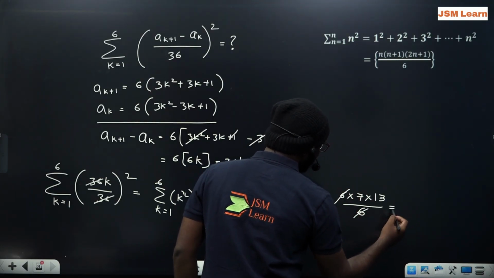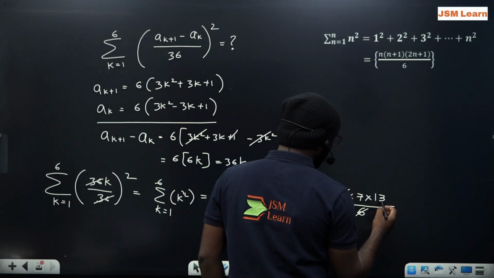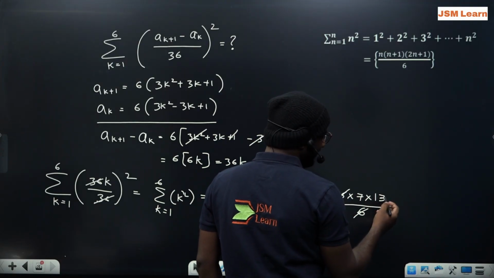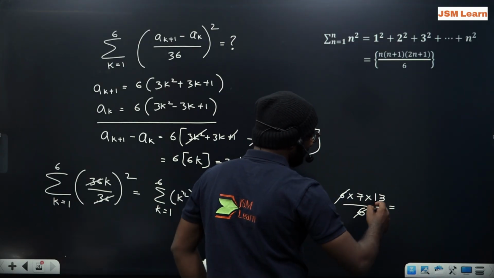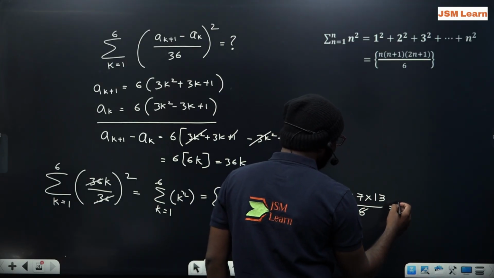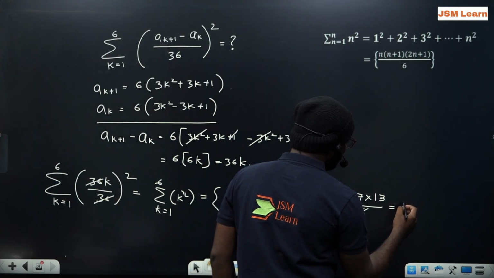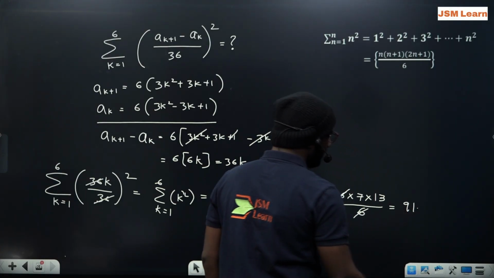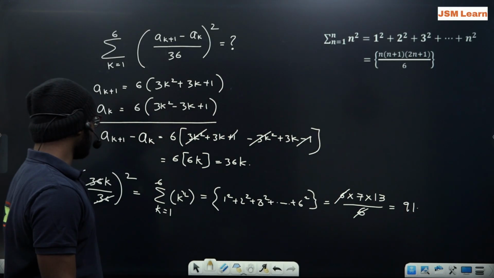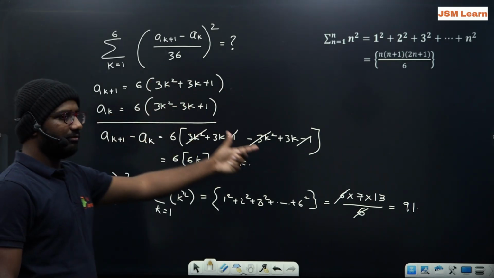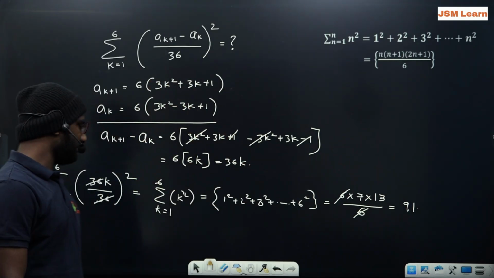On cancelling this, we will get our value is equals to 13 into 7 times, right, which is equals to 65 plus 26, that is equals to 91. So on solving this expression, we got 91 as our answer.